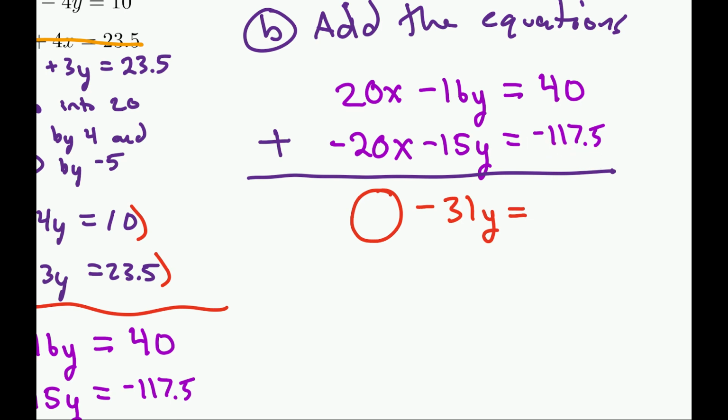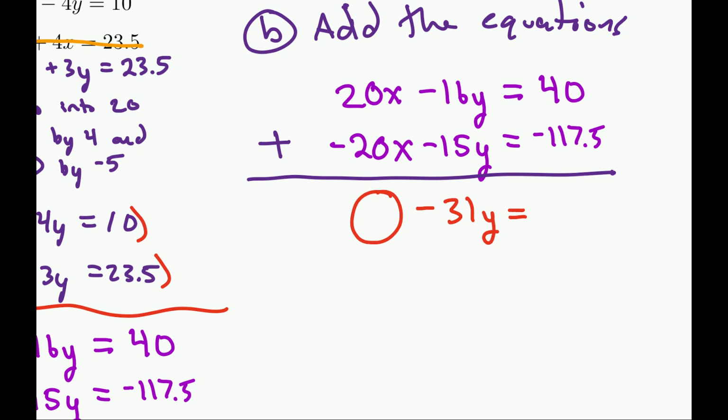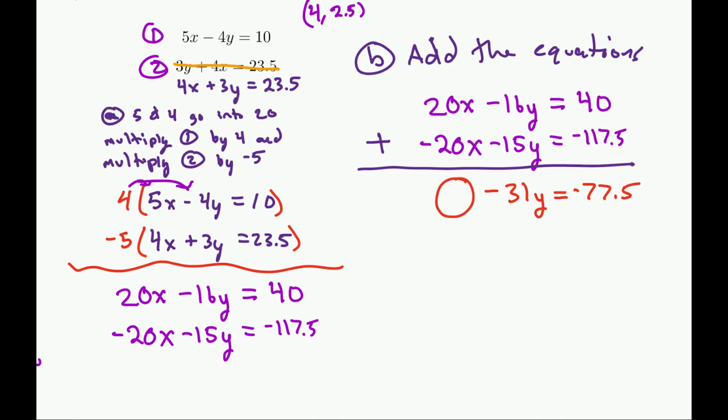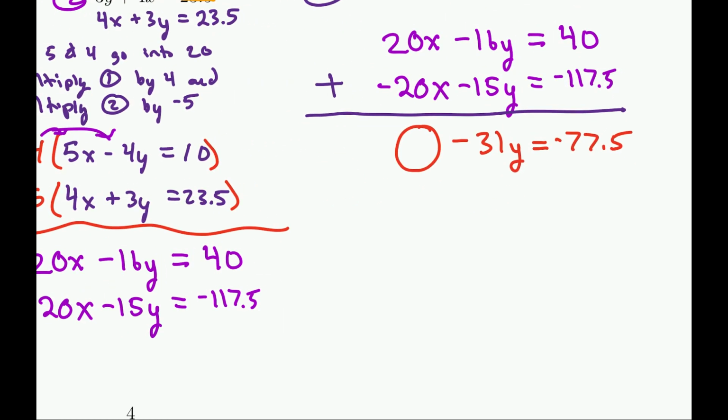That's another job for the calculator. 40 minus 117.5 is -77.5. And from there, what I would like to do is solve this for y.